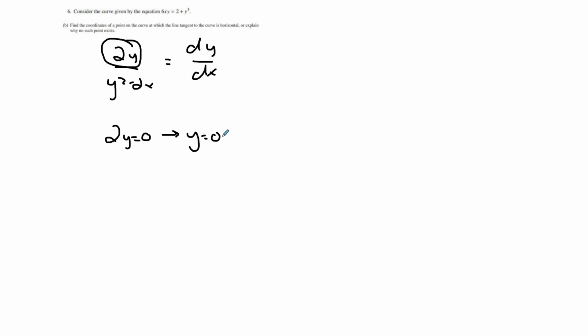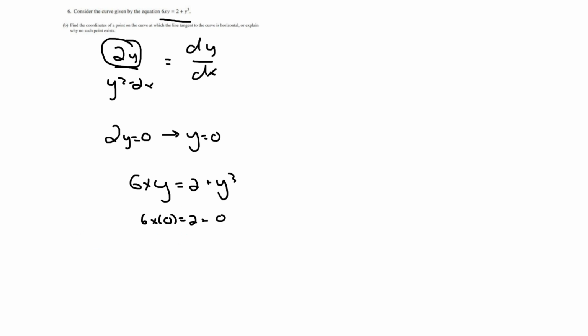Now, we need to be careful, and we need to make sure that this is actually a point on the curve. So what we've done is we found that y is 0, but we need to find an x value that matches up with this. So we would then go back in here. We would plug in that 6xy equals 2 plus y cubed. So then we would get 6 times x times 0 equals 2 plus 0. So we get that 0 equals 2, right?